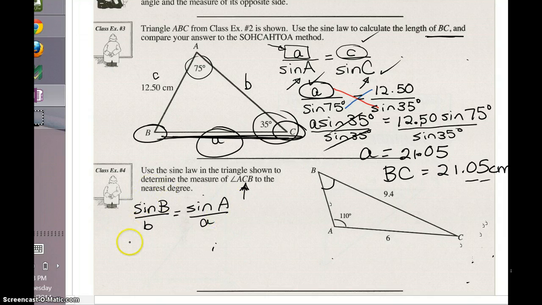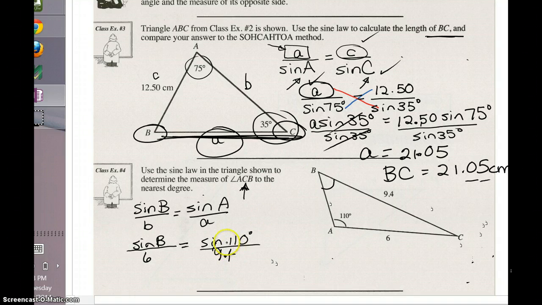When I do that and I start plugging in my numbers, B, we did not know what that angle was. That's what we're looking for. But across from B, I have the number 6. Sine A was 110 degrees. I misread that. 110 degrees, and over A is 9.4.